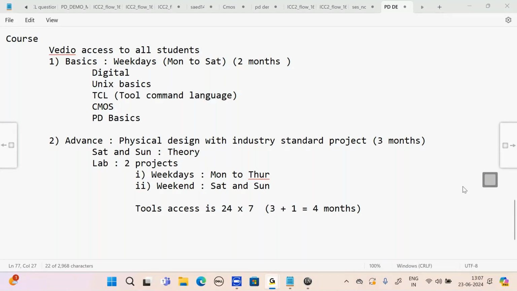For example, I passed out in 2018. I have done the course and I will attend the interview. What will the service-based company do? Okay, 2018, 19, 20, 21, 22. Okay, I will put 4 years experience on you. They will train me to the level of 4 years experience and send me to the project of Intel, telling them 4 years experience, because Intel will pay more salary for a 4 years experience person than a 3 years experience person, right?